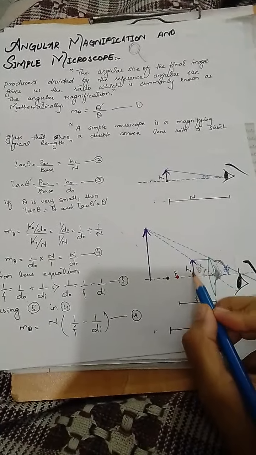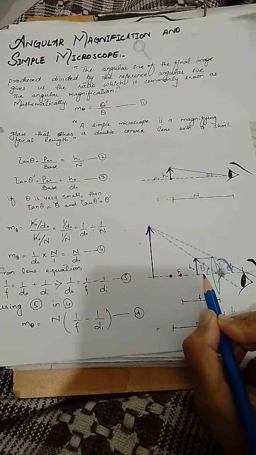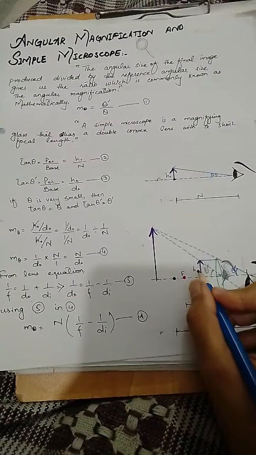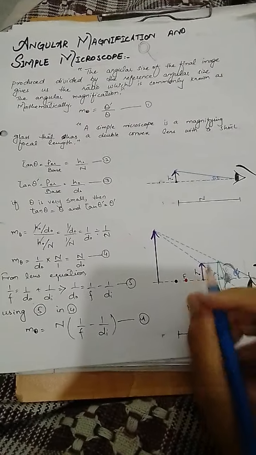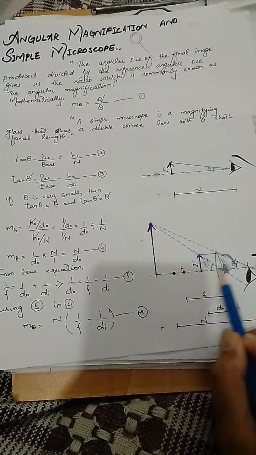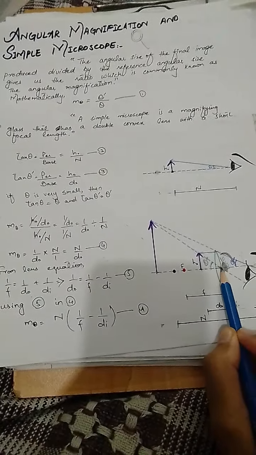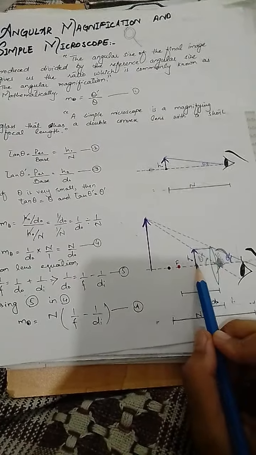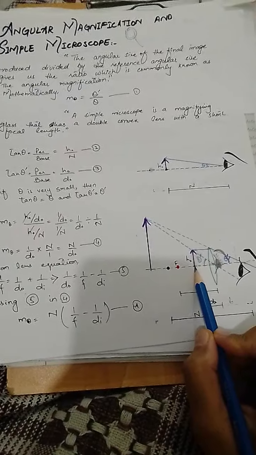So we solve this triangle by tan theta dash. Tan theta dash becomes perpendicular by base. Perpendicular in this case becomes HO, divided by the base, which is the distance of the observer to the object.